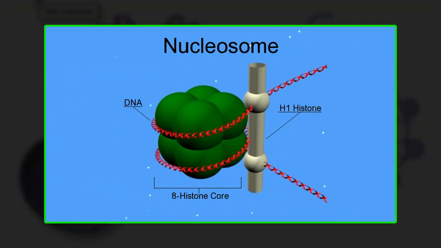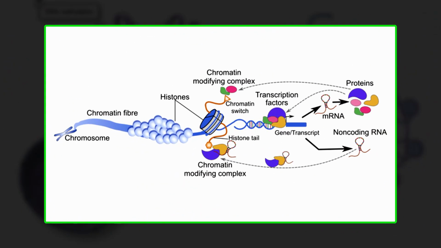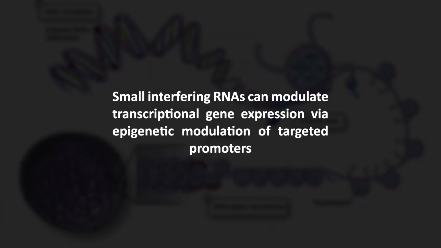The stability and heritability of states of large chromosomal regions are suggested to involve positive feedback, where modified nucleosomes recruit enzymes that similarly modify nearby nucleosomes. It has been suggested that chromatin-based transcriptional regulation could be mediated by the effect of small RNAs. Small interfering RNAs can modulate transcriptional gene expression via epigenetic modulation of targeted promoters.